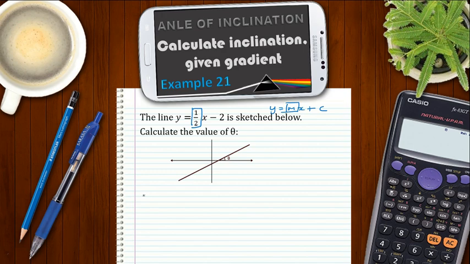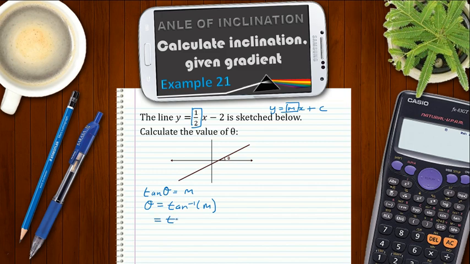And once again, I just go to my formula, tan theta equals the gradient, and since I have my gradient, I want to solve for theta. Then theta is the inverse of tan of the gradient, and then I just substitute in my gradient.